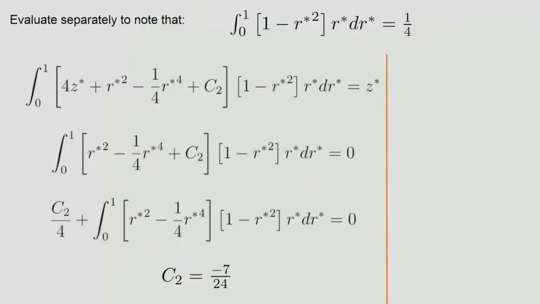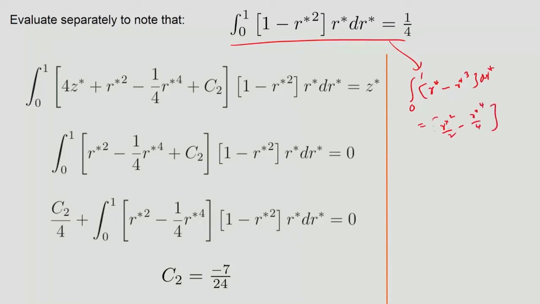Okay. Now, what we do is that we separately evaluate this and then keep it. So, we can then see that this is the integral from 0 to 1 of r star minus r star cube dr star, and that would be r star square by 2 minus r star fourth by 4 evaluated between 0 and 1, that is nothing but half minus 1 by 4, which is 1 by 4.